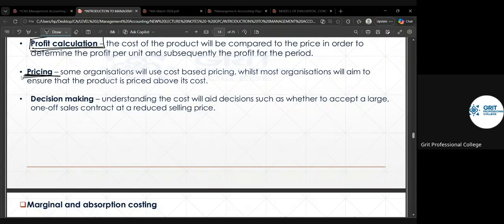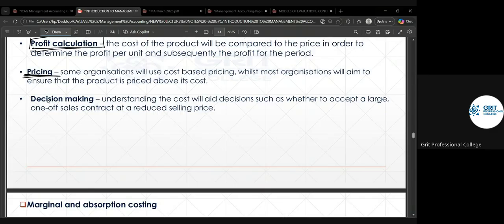Once we add that markup, it gives us the price of the product. So companies first need to ascertain how much the product costs before they can arrive at the price. It is one of the reasons we need to know the cost of our product.